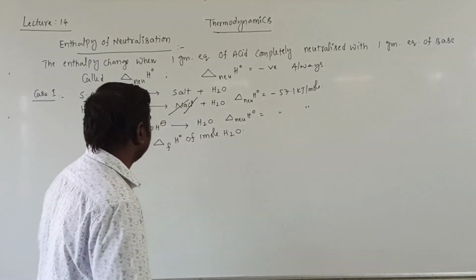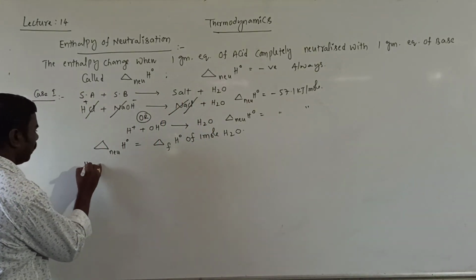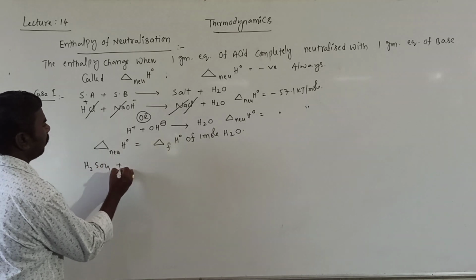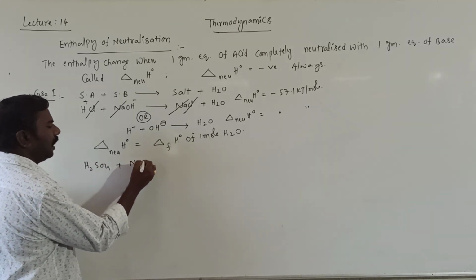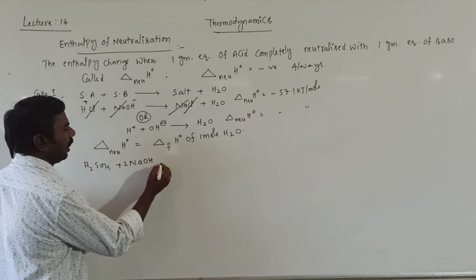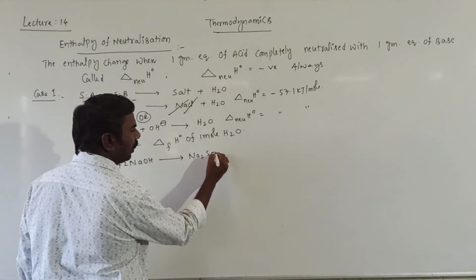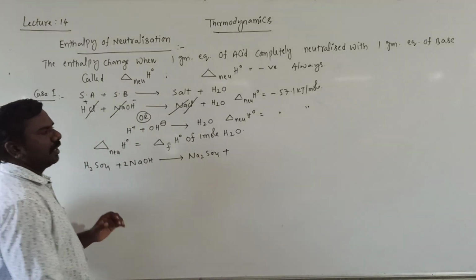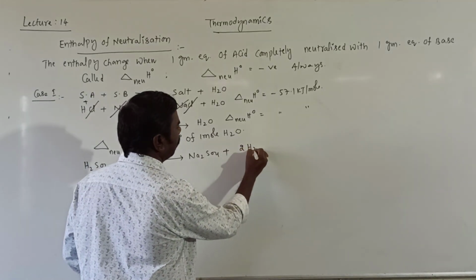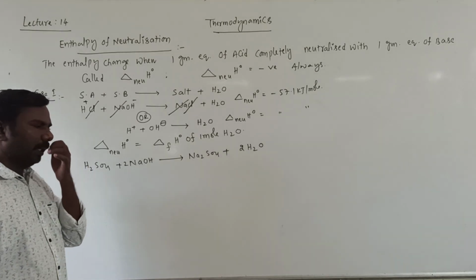One simple example: strong acid H2SO4 plus strong base NaOH, 2 moles I am taking, then give rise to Na2SO4 as a salt and 2H2O.